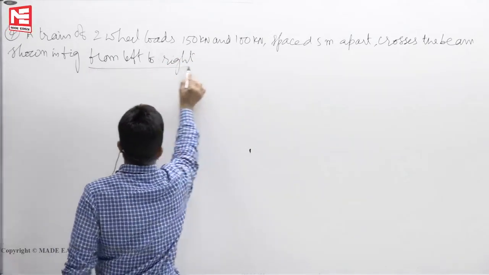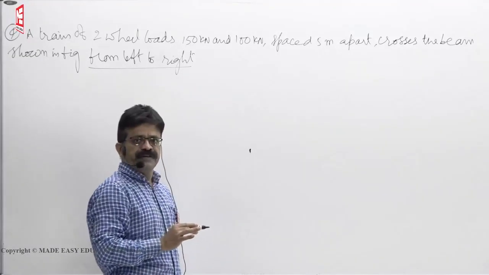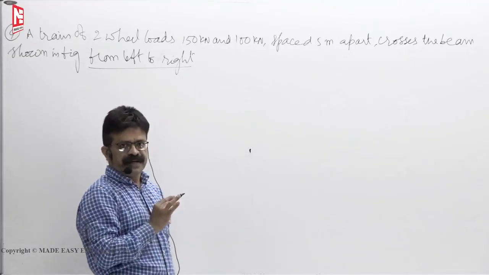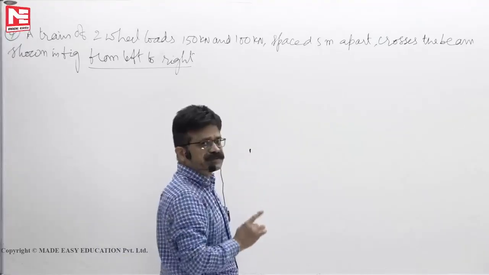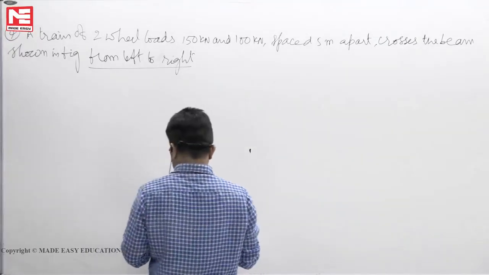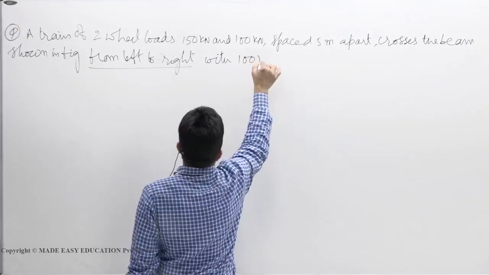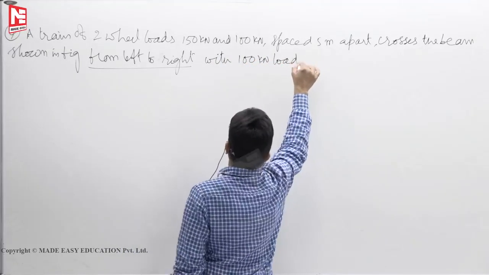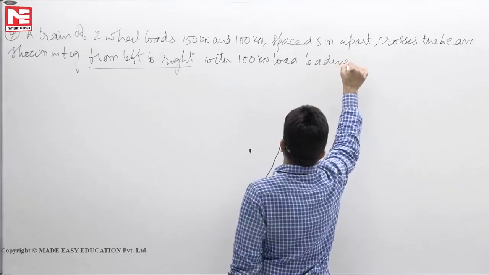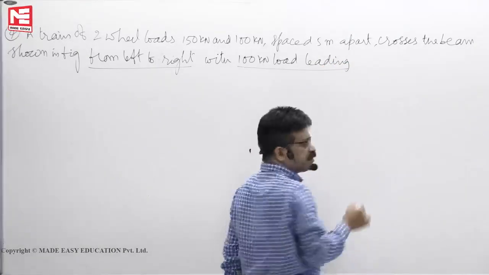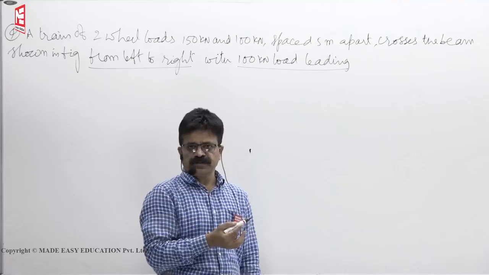See, they are giving in which direction the loads are moving. That is only just to save our time. Only one possibility you have to check. From left to right with 100 kilonewton load leading. Which load is leading, they have told us.